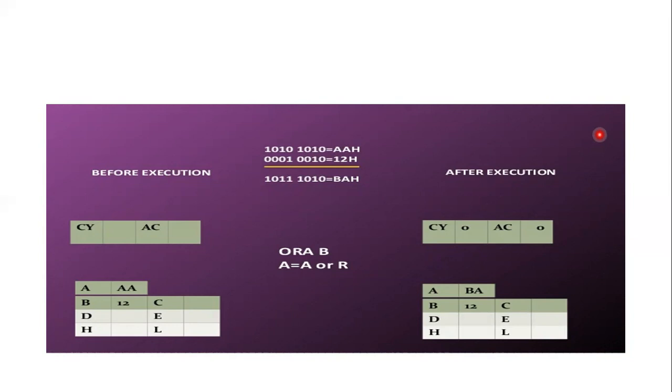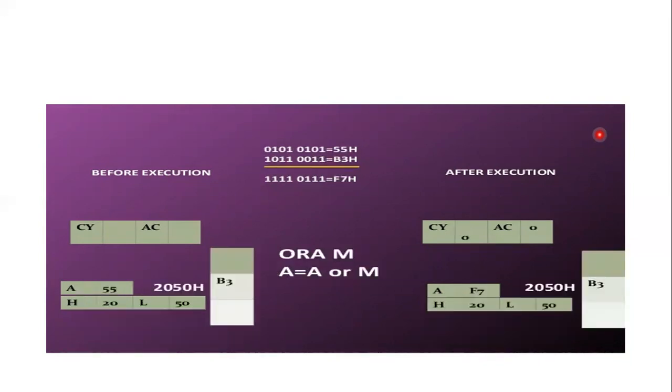The next instruction, okay, before that, similarly for the memory: the memory address 2050 contains the value B3. Then the accumulator A contains the value 55.